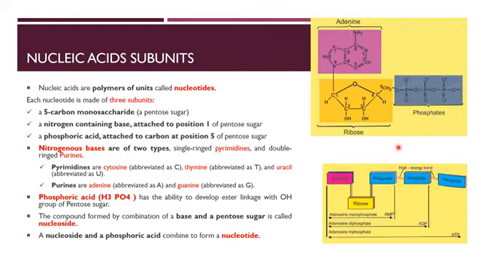Okay, so when the base is going to make a bond with the pentose sugar, when this pentose sugar has an attached nitrogenous base, this structure will be known as the nucleoside. And when this nucleoside gets attached to the phosphoric acid, it will be converted into a nucleotide.